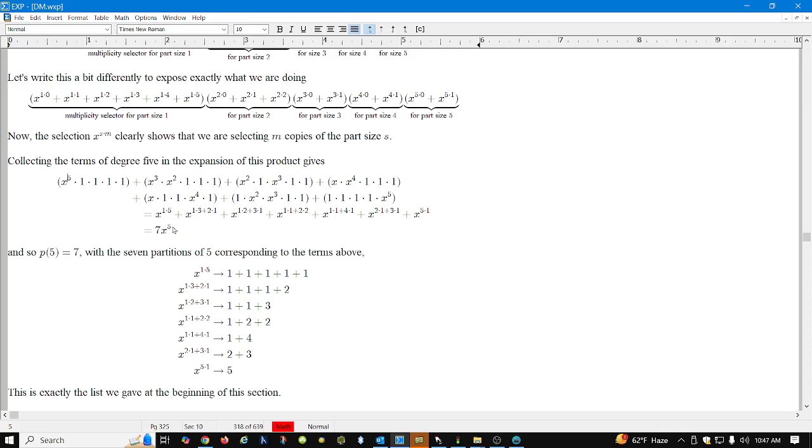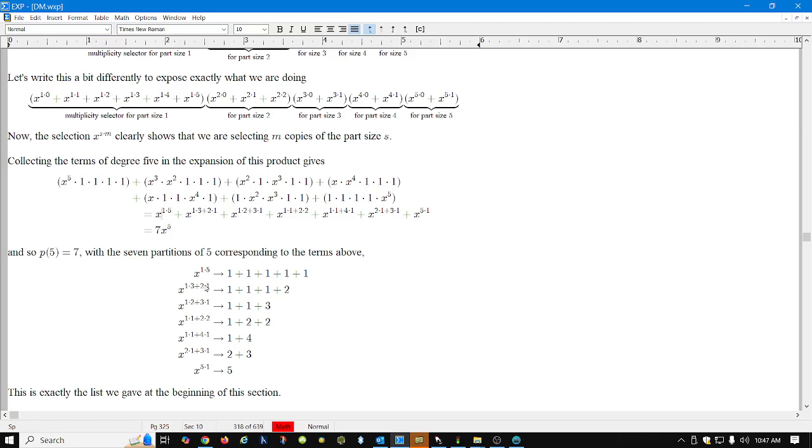Okay. So how many partitions are there of 5? There are 7 of them, and they are described right here in terms of multiplicities of part sizes. So this first one is 5 copies of 1.